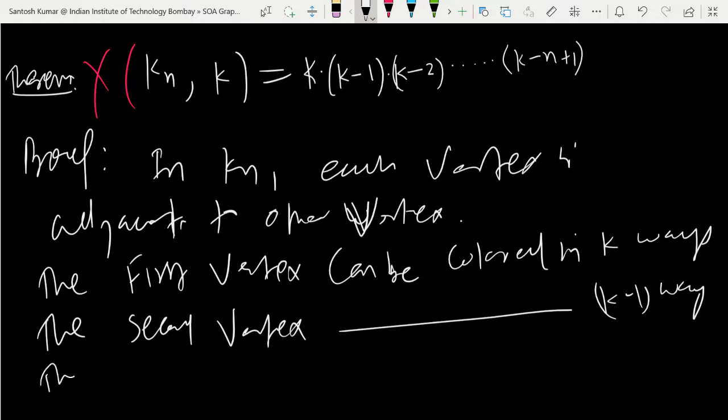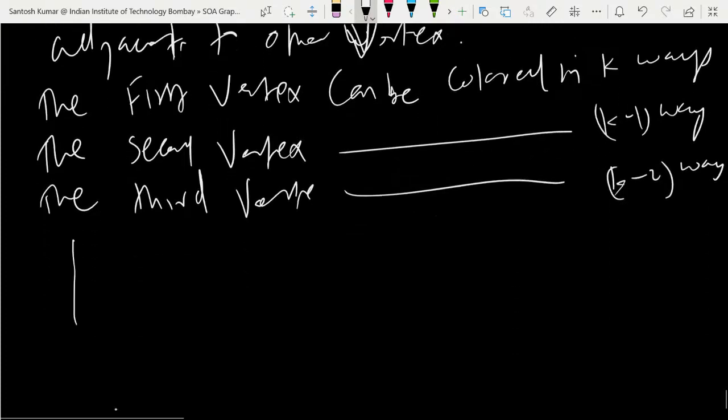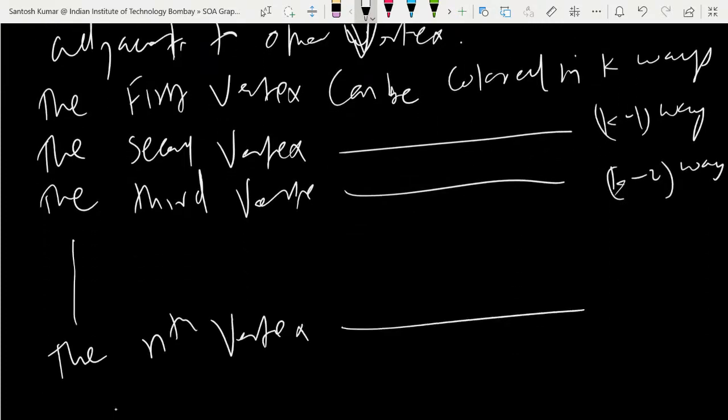So again the third vertex can be colored in k minus 2 ways. And so on. The last vertex, the nth vertex, can be colored in k minus n, in brackets, k minus 1.